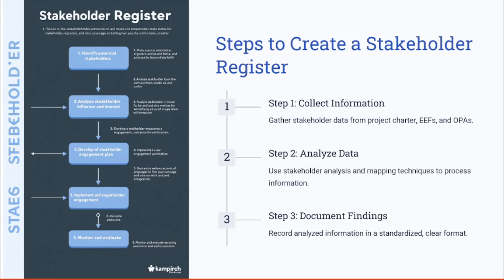Finally, you can document the findings in a structured format provided by your organization. That ensures clarity and usability for the project team in case they want to understand a key stakeholder with their influence level, or any information that is needed to communicate and engage with the stakeholders.